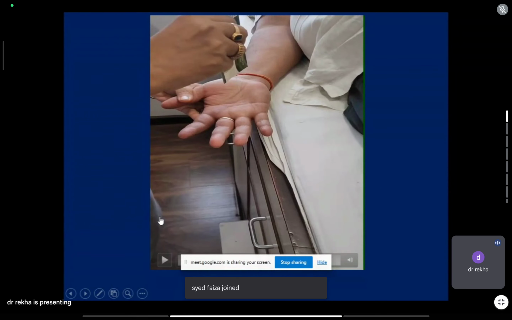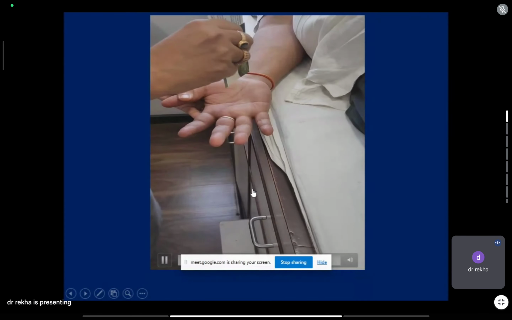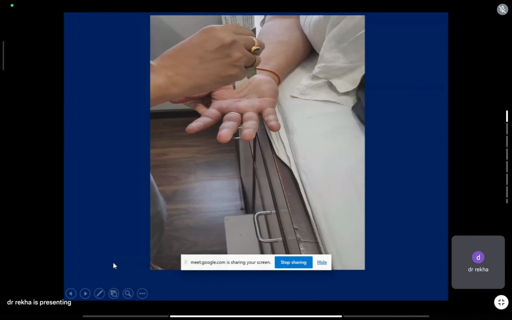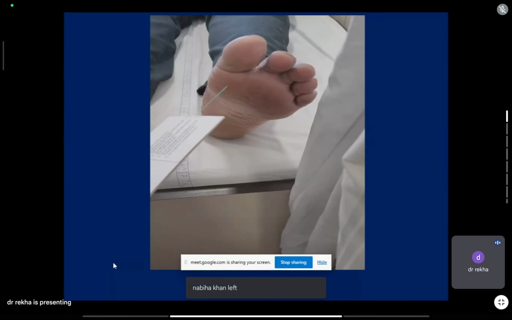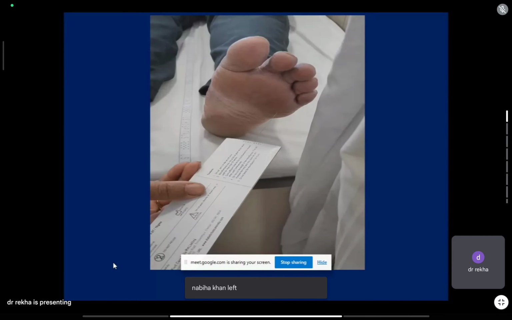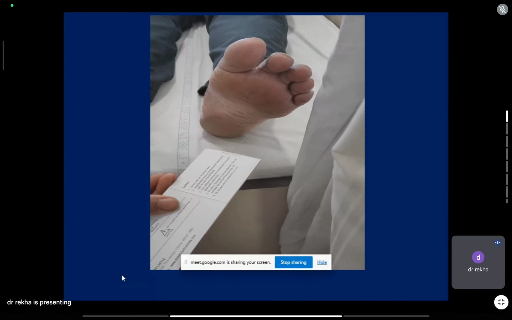So how can we test? You can see this video. Just put it perpendicular and place it for 2 seconds, only for 2 seconds. And first ask the patient on their hand what type of sensation they feel, and in the same way you test the foot.